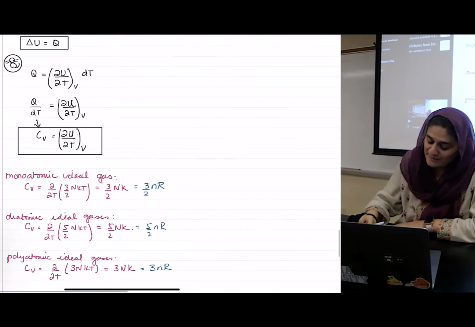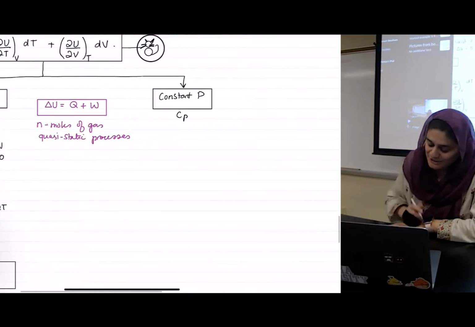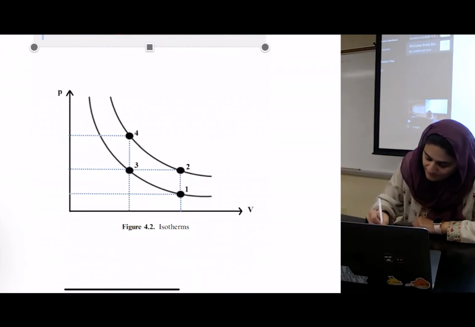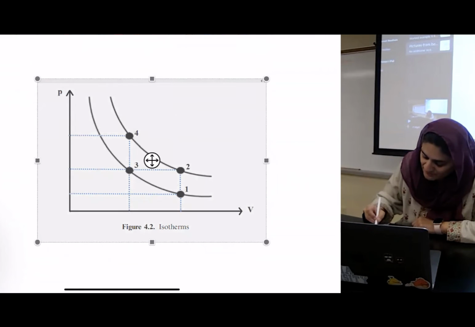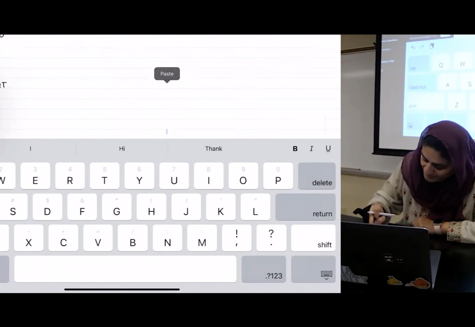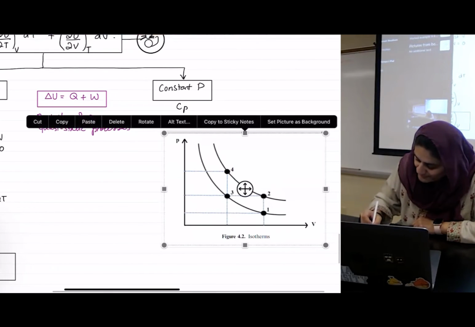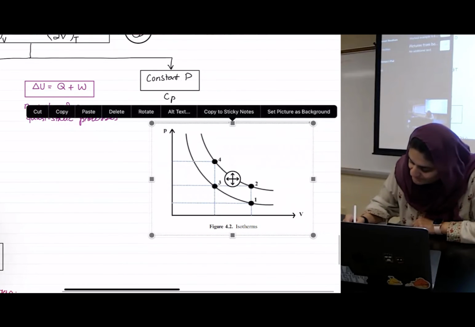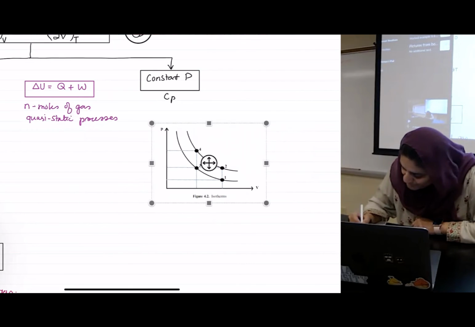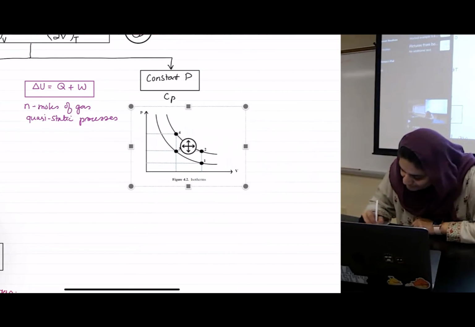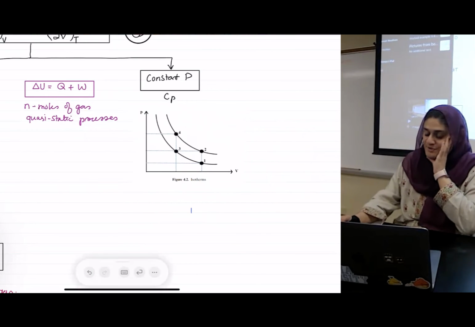So what about heat capacity at constant pressure? I'm going to copy this picture over. These are called isotherms.